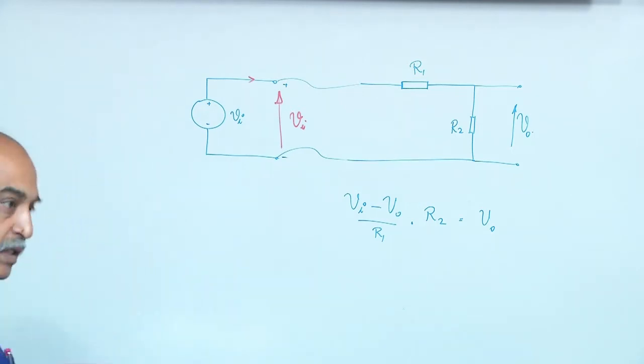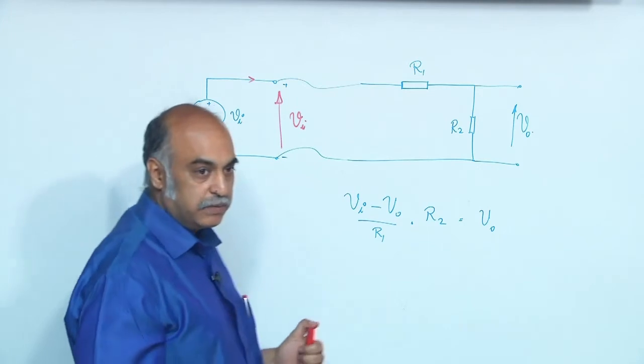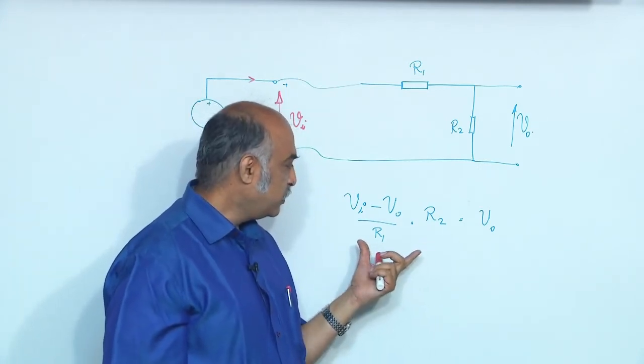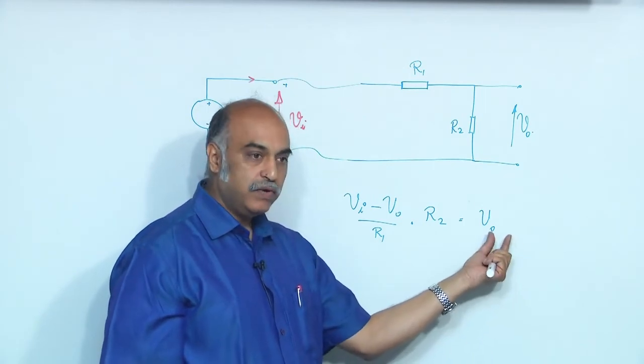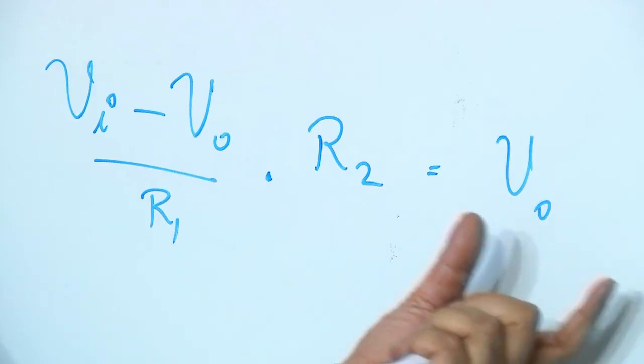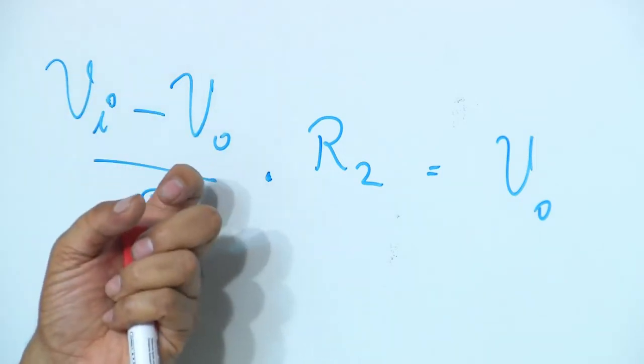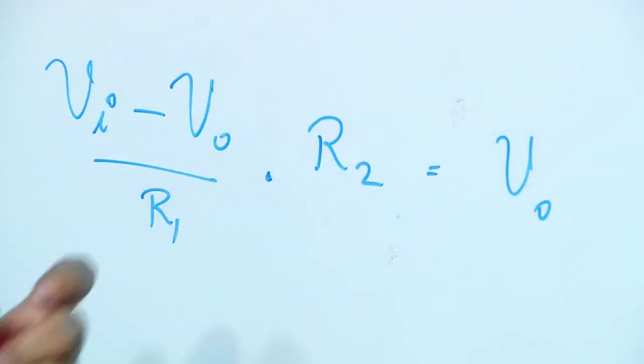Now, if you look, this is actually a non-causal relationship, where the present value of V naught is determined by something which also has the present value.